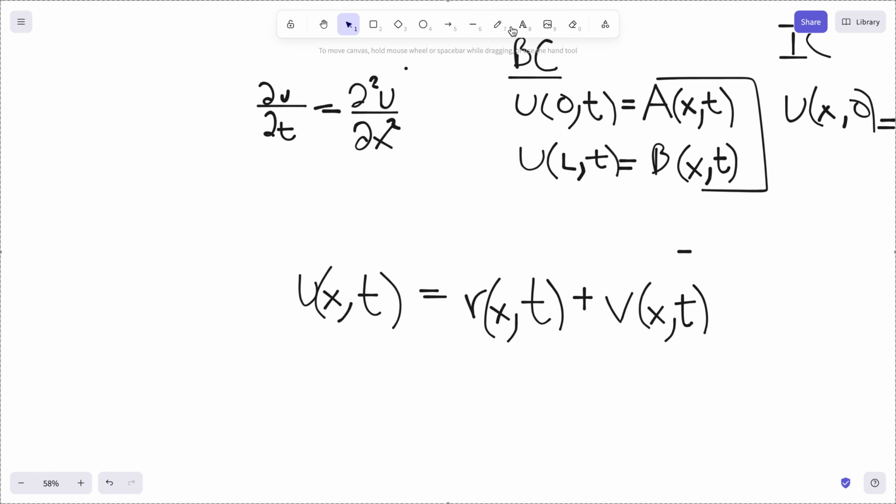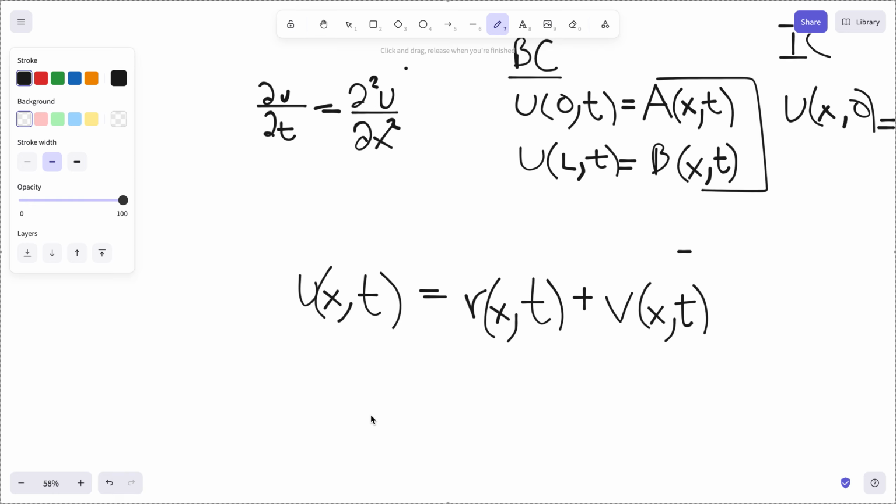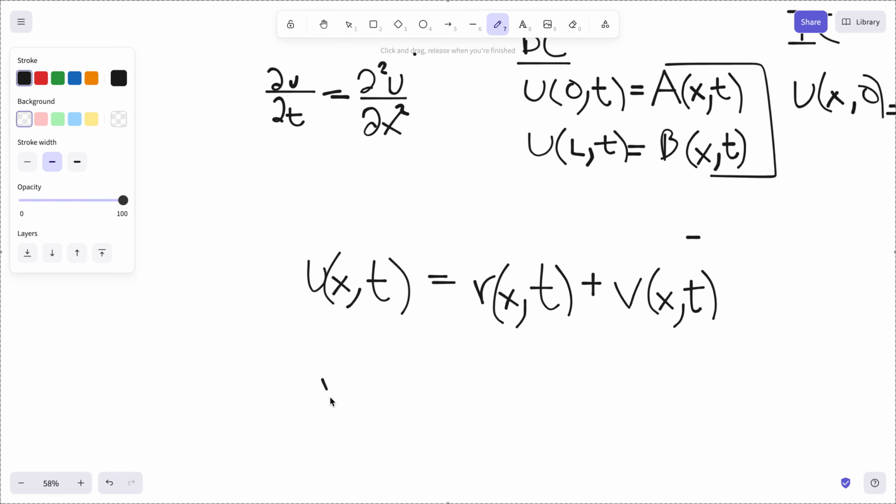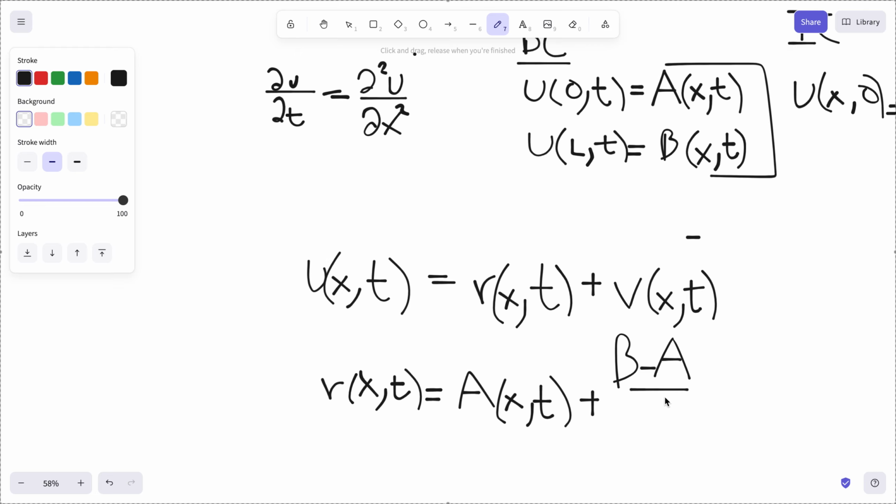Well, r of x comma t would be equal to a of x comma t plus b minus a over L times x, right? And this is the simplest equation we can write to fulfill our boundary conditions.